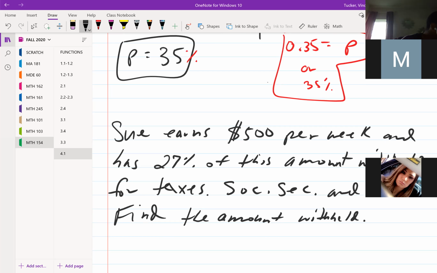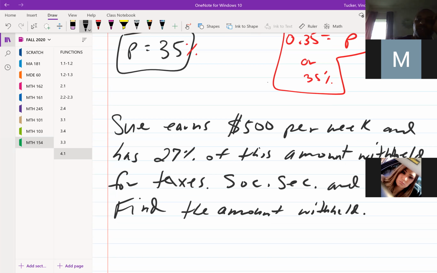All right. Sue earns $500 per week and has 27% of this amount withheld for taxes, Social Security, and Medicare. Find the amount withheld. All right. So we want to know how much is withheld from her weekly earnings.